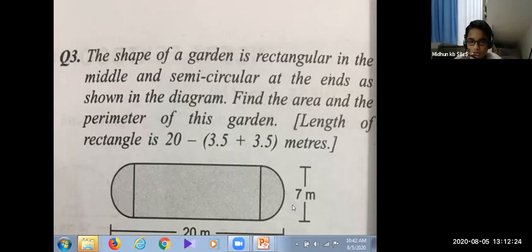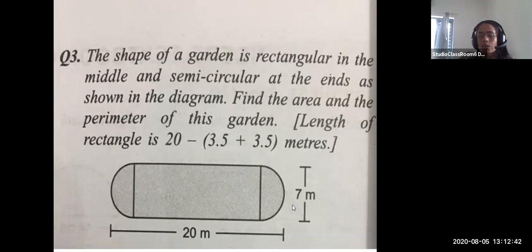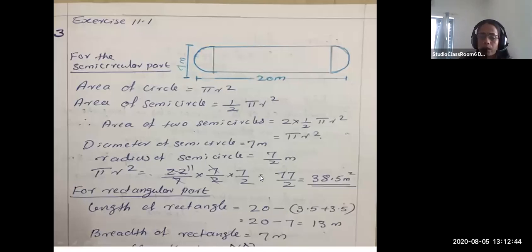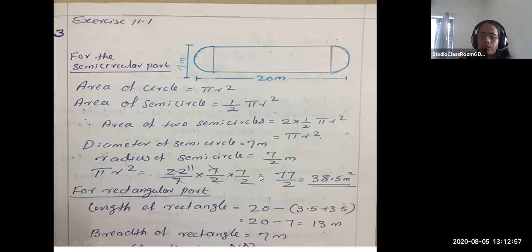Area of a circle is pi r square. Okay. So, area of a semicircle will be? Semicircle means half of the circle. Yes, half of the area of the circle, that is 1 by 2 pi r square.